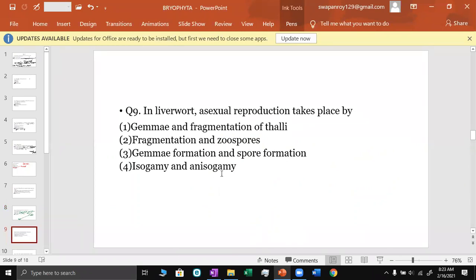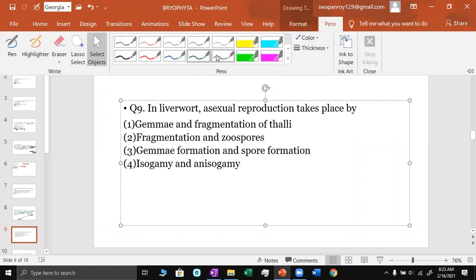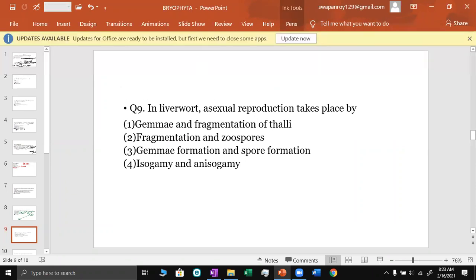Question number 9. In liverwort, asexual reproduction takes place by? Option 1. Gemmae and fragmentation of the thallus.